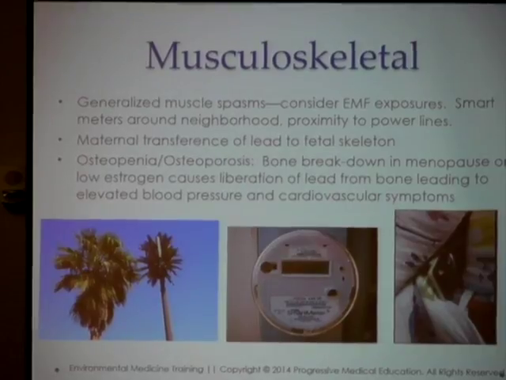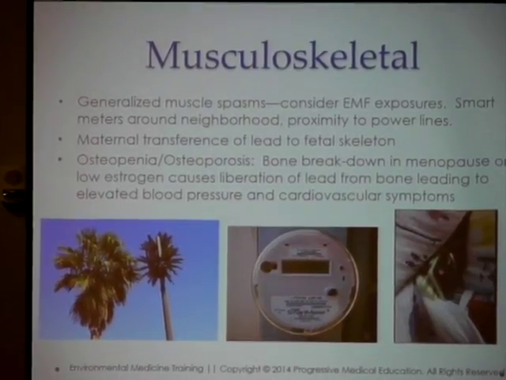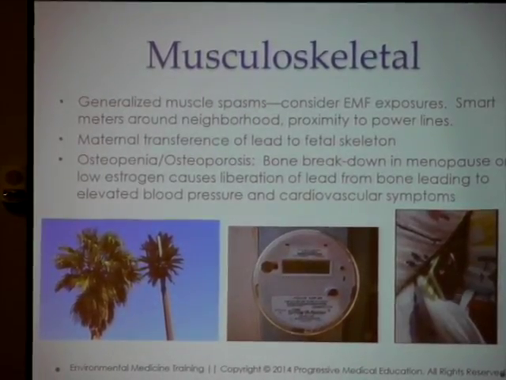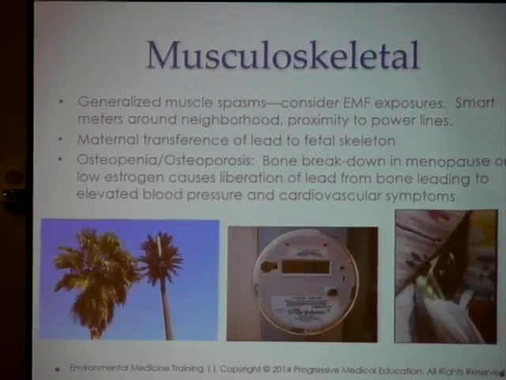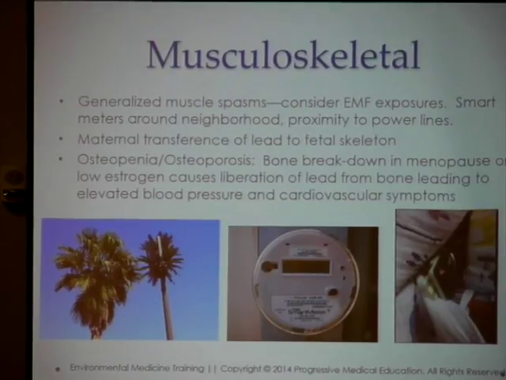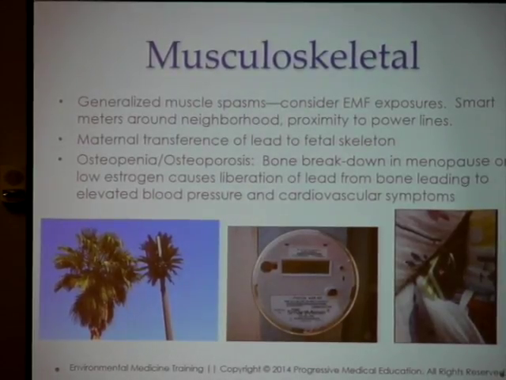I mentioned it to the patient's parents after coming home from one of these conferences. They had their home evaluated by an EMF specialist, and sure enough, the EMF in the home was through the roof. They had it remediated, and this child stopped having seizures.